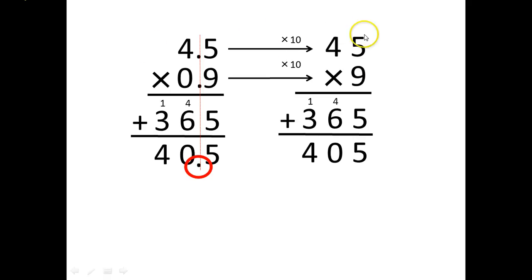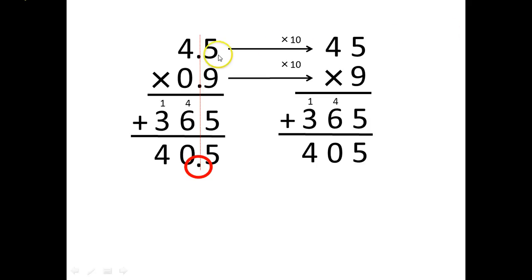So 45 times 9, the product is 405. Now, 45 times 9 wasn't really the original question we were trying to solve. Remember, the original question was 4.5 times 0.9. When we changed 4.5 times 0.9 to whole numbers so that it's easier for us to do the math, let's go back.